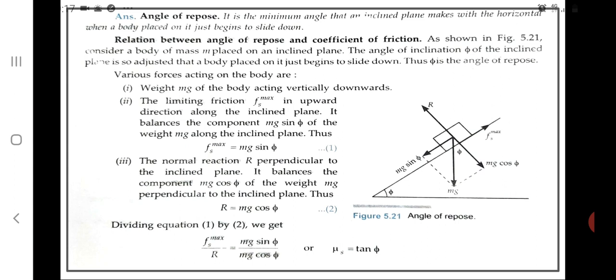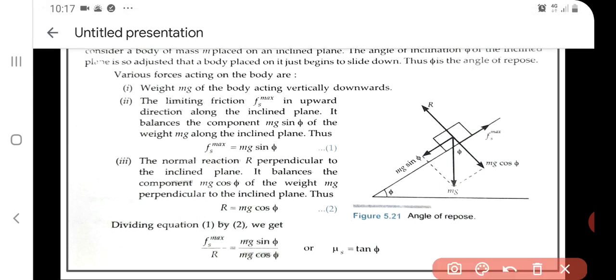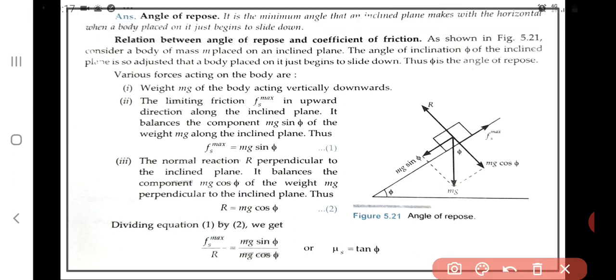So the components of mg become mg cos phi and mg sin phi. That resolution we have studied in the previous chapter, vector resolution. As per vector resolution, this component is mg cos phi and this component is mg sin phi.